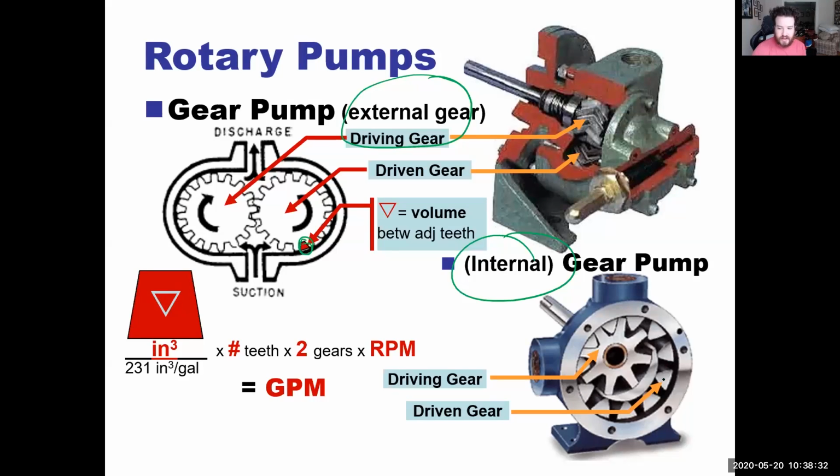This driven gear is going to rotate, and this is the volume that's going to be moved. As this driving gear is rotating, it's going to be moving this driven gear around in a circle. Not only does this area get taken up, but this area as well. And you can see where it's gaining its suction right here.